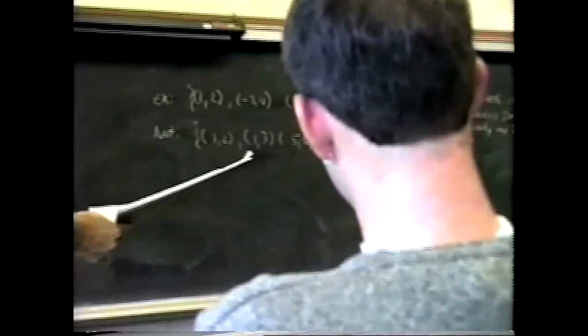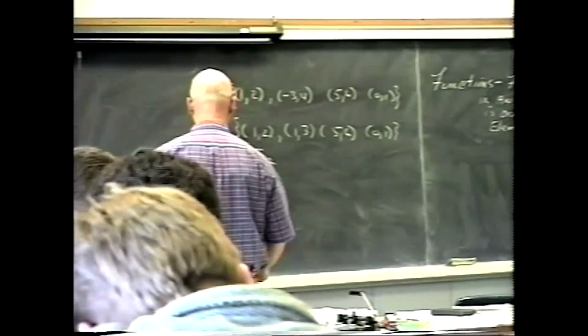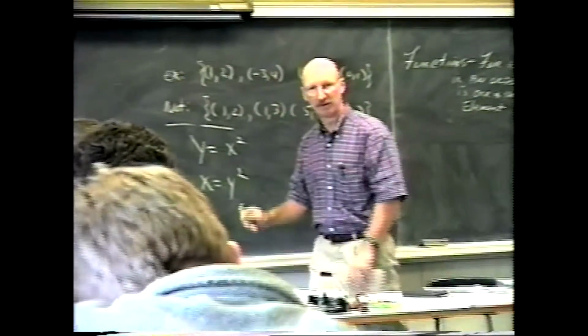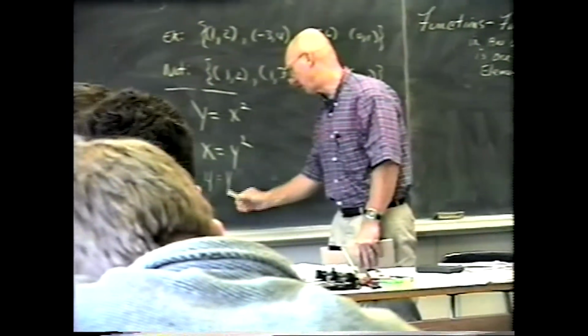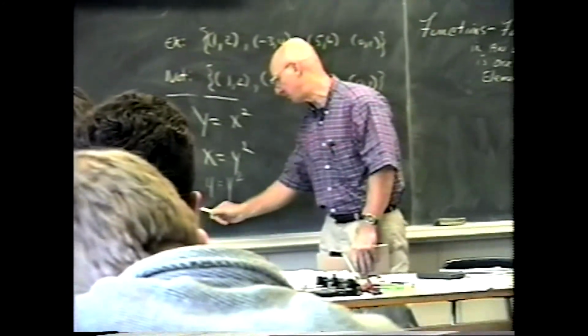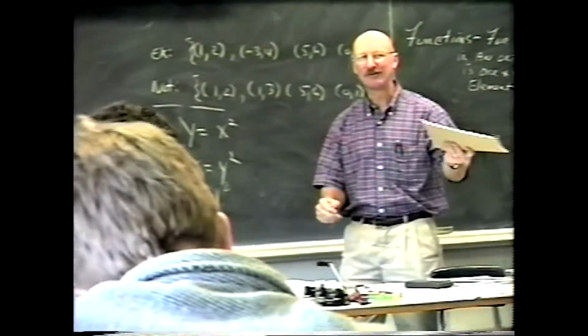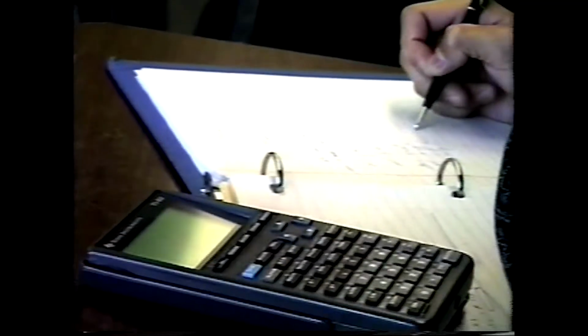And the reason is this: if I, for instance, let x equal 4, let's just take a simple number. If x is equal to 4, I get 4 is equal to y squared. If I solve, I get that y is equal to plus or minus 2. I get two different y values for the same x value.